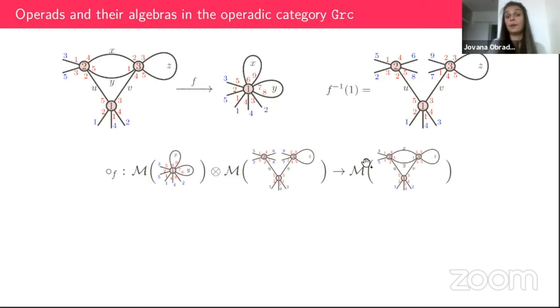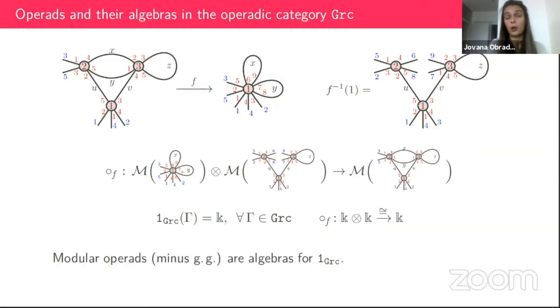And then, of course, the terminal operad in this category is the operad for which the space of operations of arity gamma is the ground field for each gamma, and whose operadic composition is given by the canonical isomorphism. And it is not difficult to show that the algebras for this terminal operad are modular operads without the genus grading.